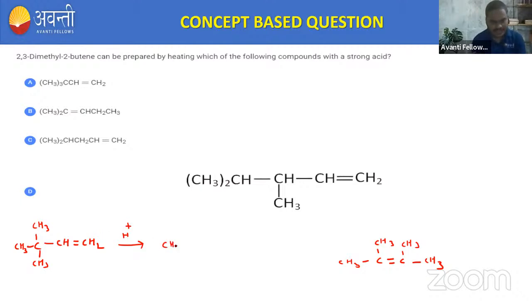You'll get CH3, C, CH3, CH3, and here carbocation formation takes place. So it becomes CH and this becomes CH3. So this is known as a secondary carbocation. Now here alkyl shift will take place.